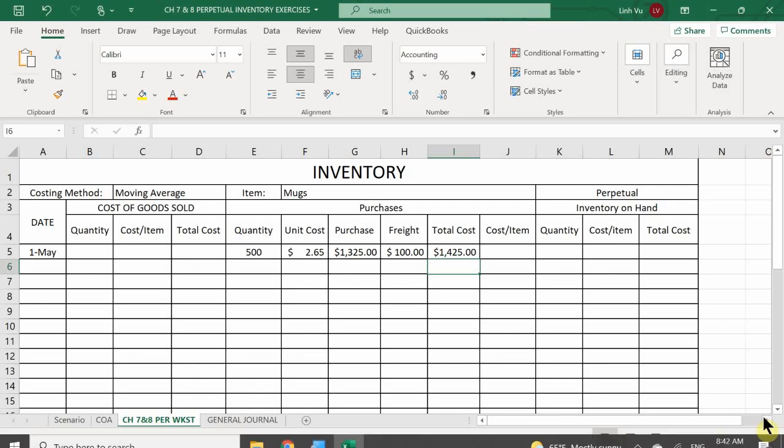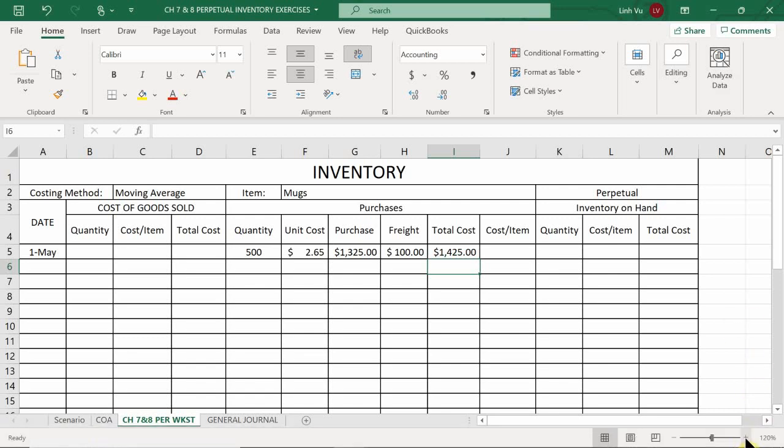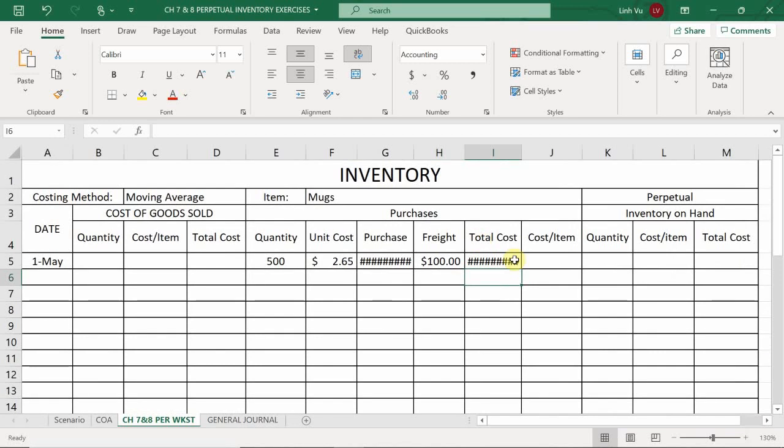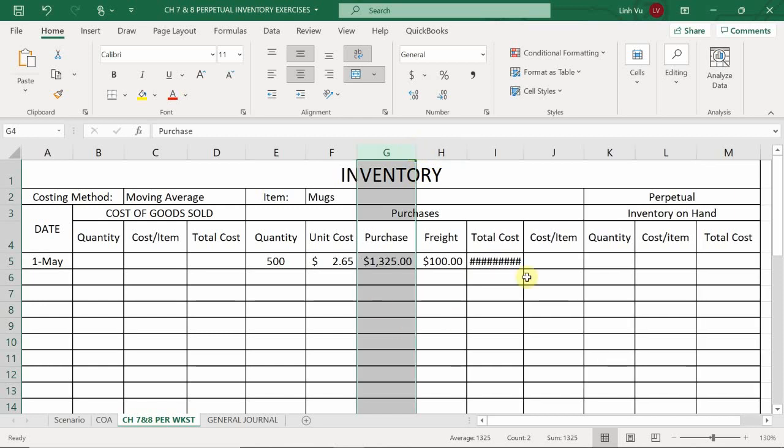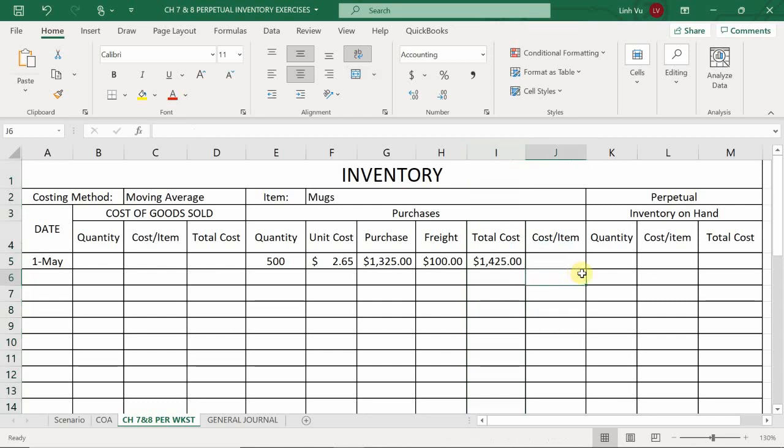Now in this case, which costing method am I using? Moving average. So right now, do I care to calculate the cost per item? No. But in this case, this is your only first batch of inventory, so I'm going to go ahead and carry the number over.